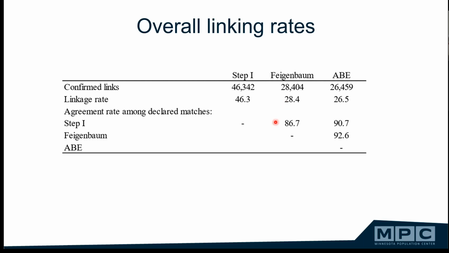As you can see, there's a fair amount of overlap among declared matches, which indicates that if 2 methods declare a given combination of records to be a match, they're generally in agreement. So one thing that we can learn from this is that there's a considerable overlap between the 3 methods, but that you're getting a sizable chunk more links using the MLP method. And again, this is just step 1, so this is just the males that we're linking.